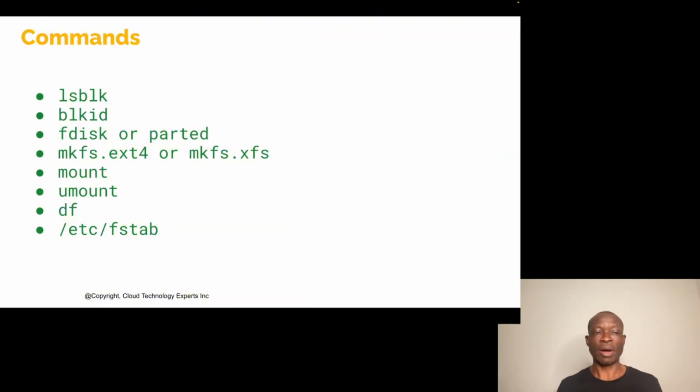And then we'll learn about the mount command and the umount command to mount the drive. Then we're going to use a command like df to check our disk information. And then we're going to use this file called /etc/fstab to make sure that our changes are permanent whenever the server reboots.